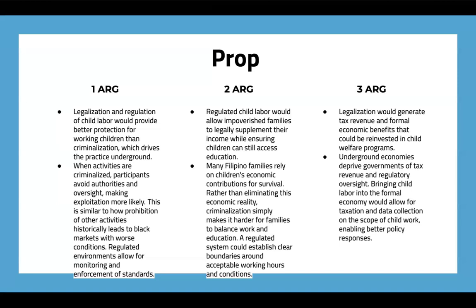And then lastly, and this is a very economic argument as well, this creates tax revenue and economic benefits. However, this is not enough of an impact in debates. We know we need to tackle the vulnerable agents, not tax revenues. So in order to make this argument valuable, you would have to say that this can be invested in child welfare programs.